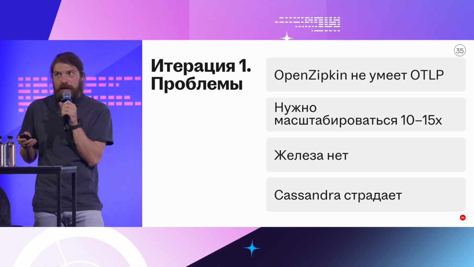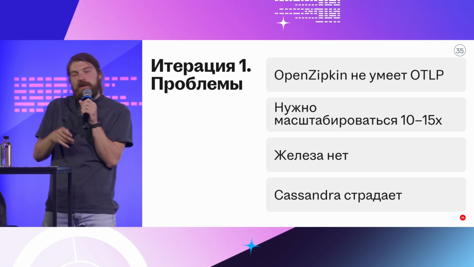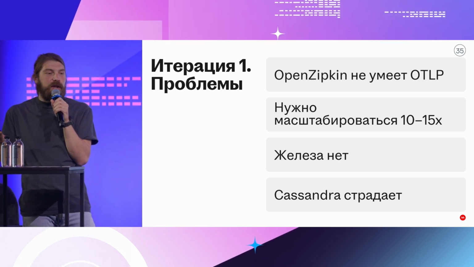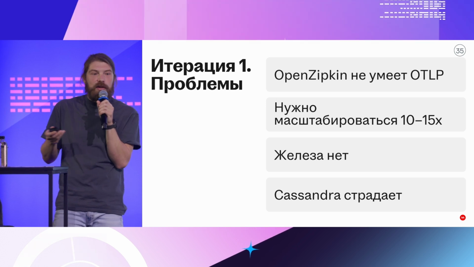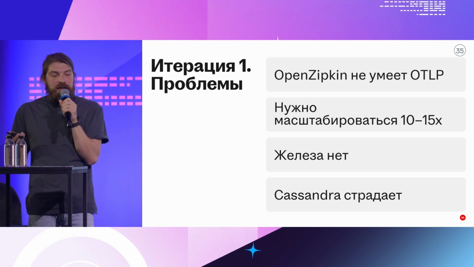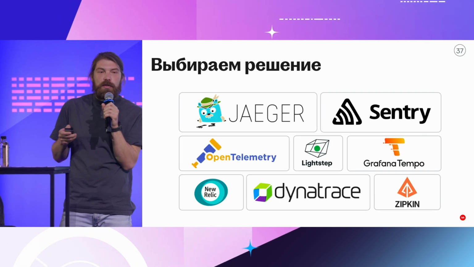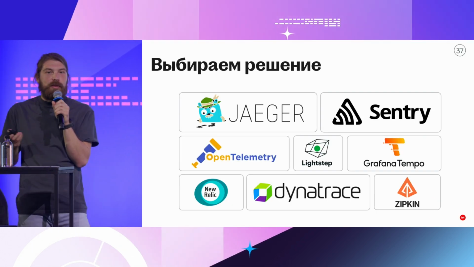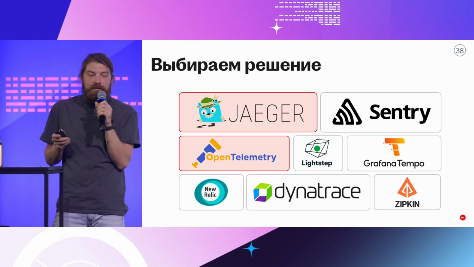And also the storage recommended by Zipkin, Cassandra, was consuming a bit too much resources. So we compared to what we had, and we saw multiple growth of load. We didn't like it either. So next year arrived, and we decided that we needed to choose some other solution.